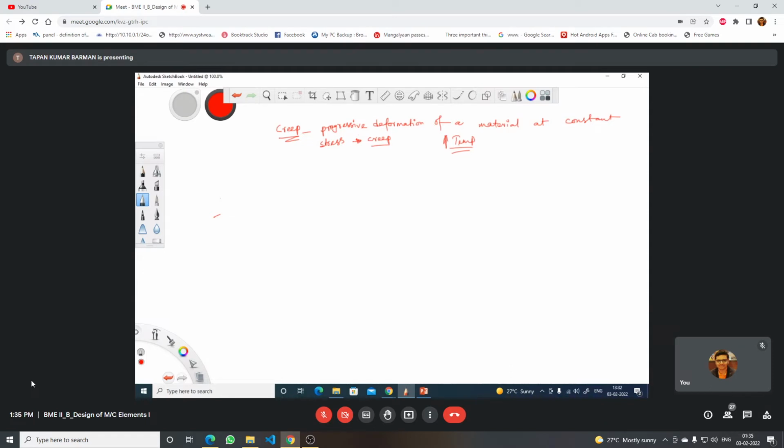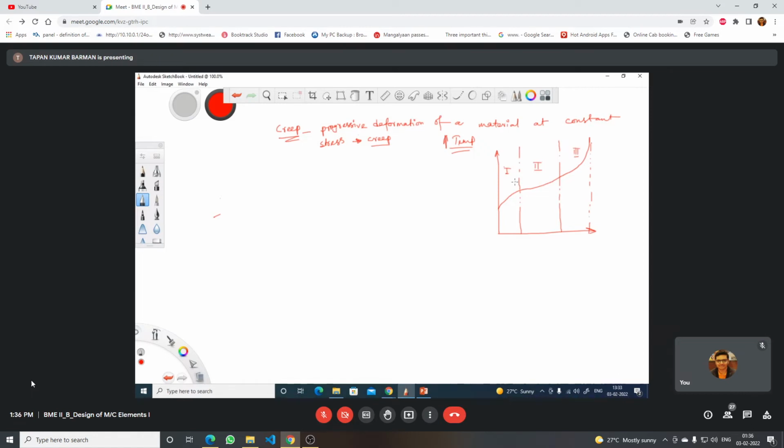Understand? So if you see, probably you have seen this curve in our presentation. With time, this is a primary mode, secondary, and tertiary.